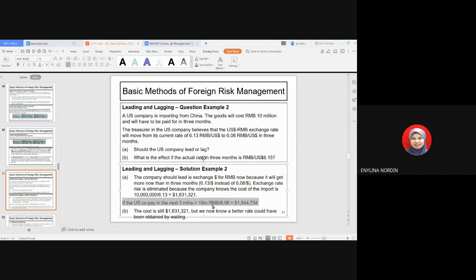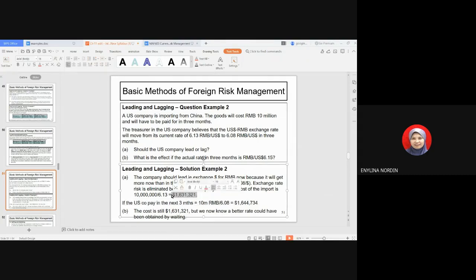What happens if the US company waits until 3 months to make the payment? Then the US company has to pay 1,644,734 dollars, which is higher than this one. So that means it becomes more expensive if the US company waits until the next 3 months to pay the China supplier. So that's why the US company should adopt the leading strategy.